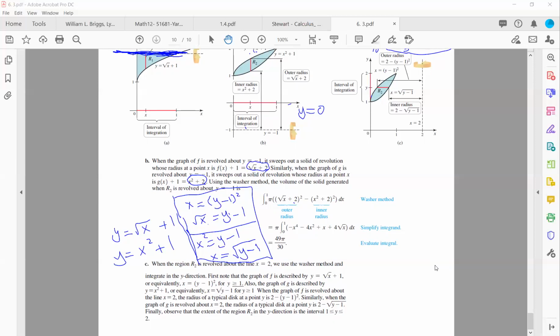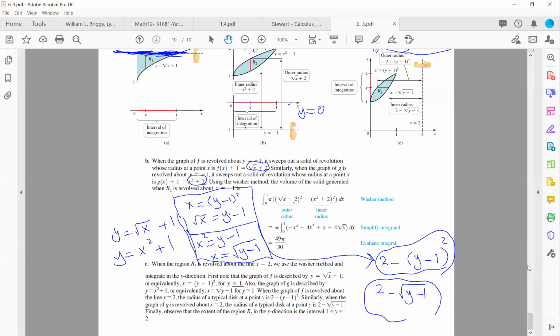The distance is changing, so your radius is changing. 2 minus (y minus 1) squared and 2 minus square root of y minus 1. Now that you have your radius, the rest is easy.